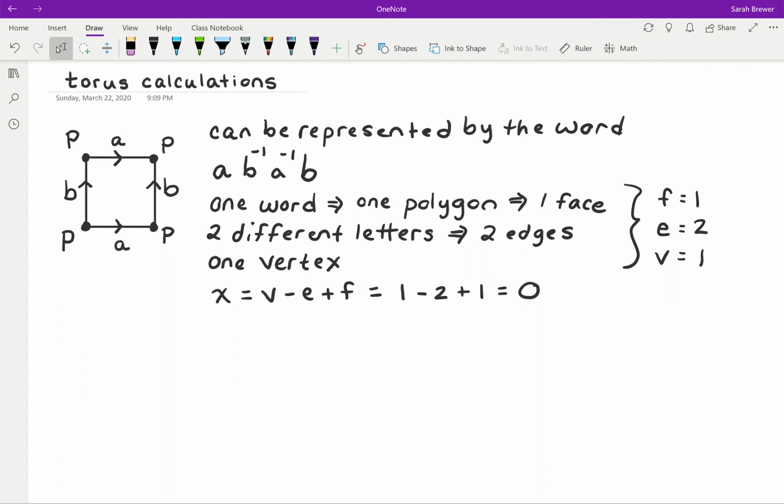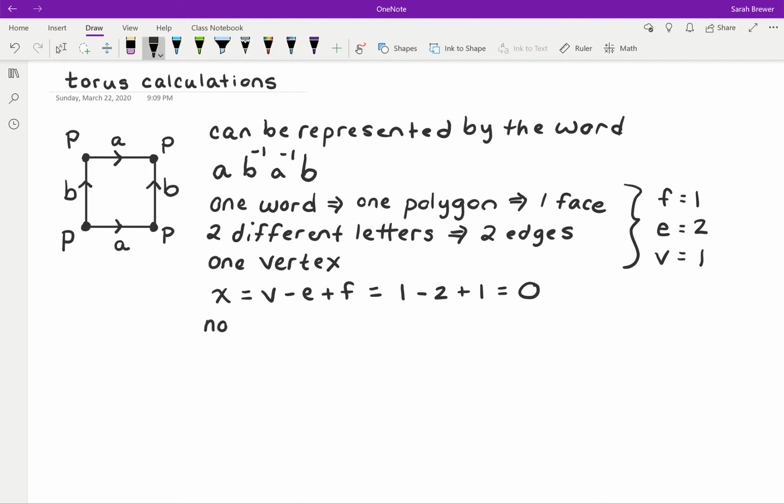The next thing that we need to know in order to compute our genus is the number of boundary components. Well, boundary components are going to come from edges that don't get glued to any other edges. They're sort of these leftover edges. And because each of our edges here are in pairs, they're all accounted for. So we have no unglued edges and therefore no boundary components.